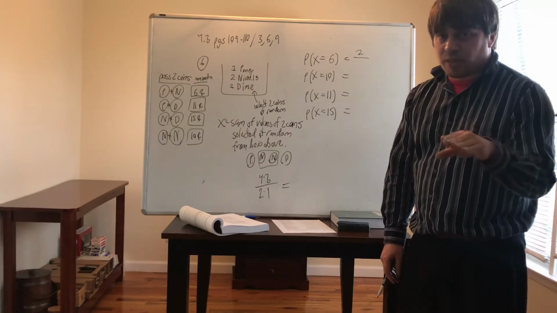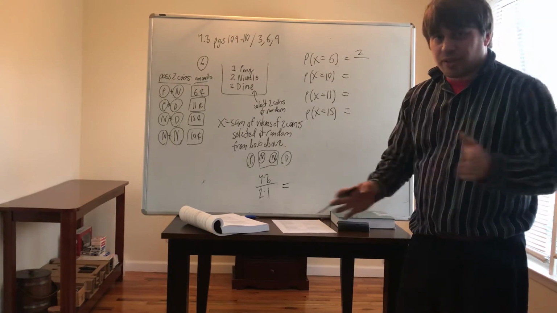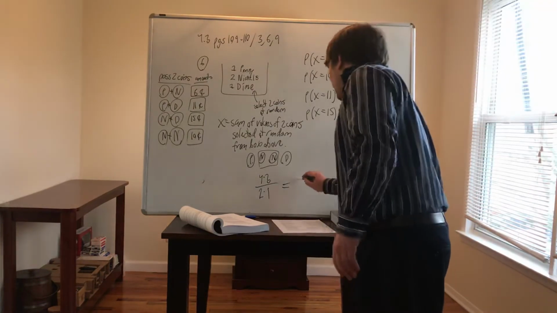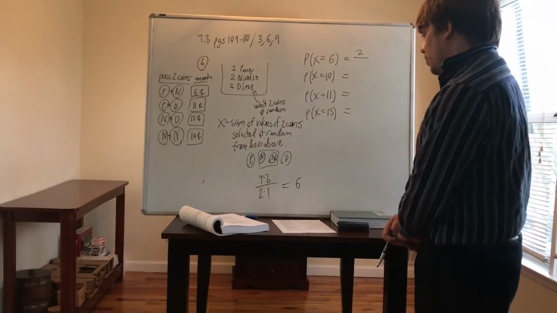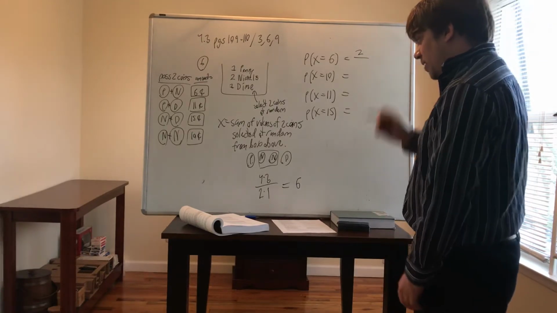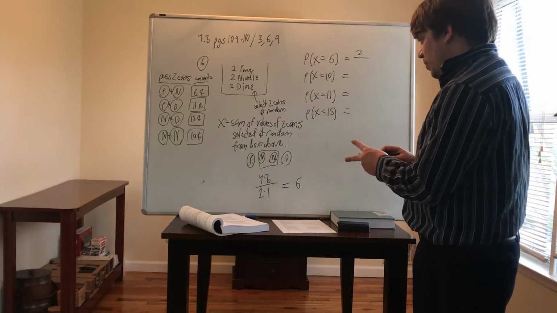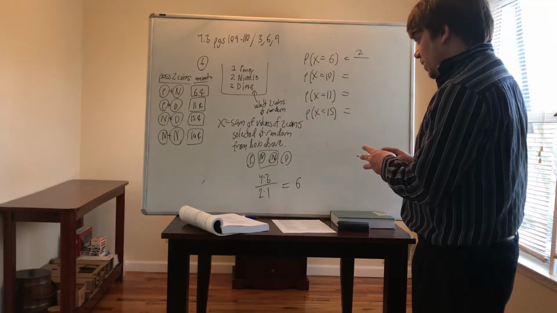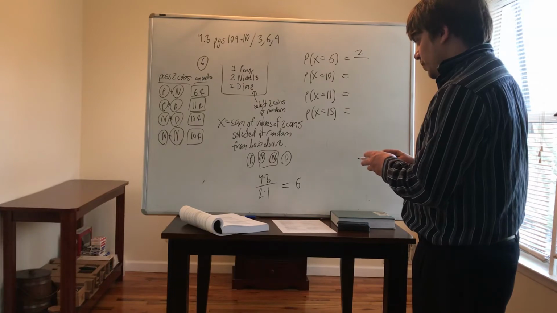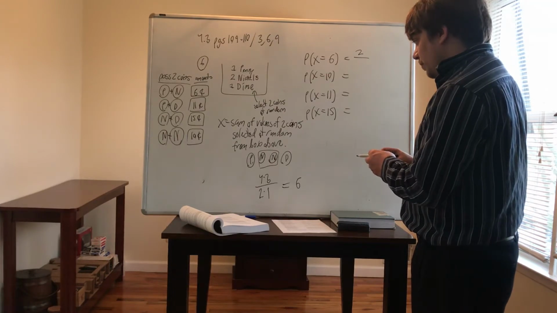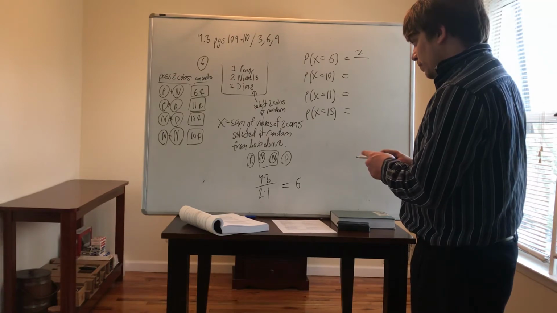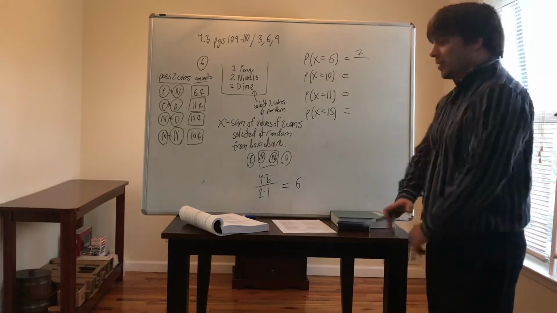Every time you choose one nickel, you could have chosen the other, but they're considered the same. So this is 6. There's 6 total ways to choose 2 coins from that list, and let's see if that makes sense. 1, 2, 3... Yeah, there's 6. Okay, that works.